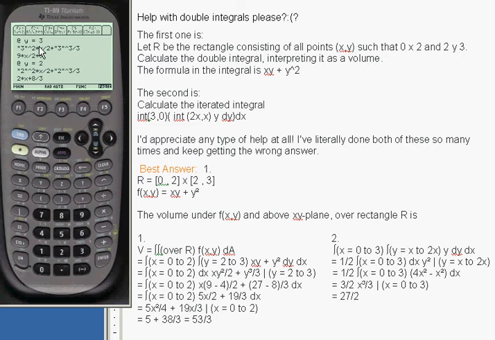At y equals 3, you put 3 in for all the y's in the function, and it turns out to be 9x over 2 plus 9. And then at y equals 2, it's 2x plus 8 over 3. Now notice that these have quotation marks around them which are for substituting the y values.